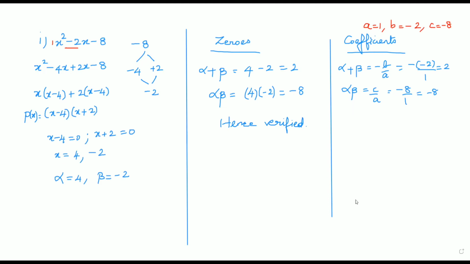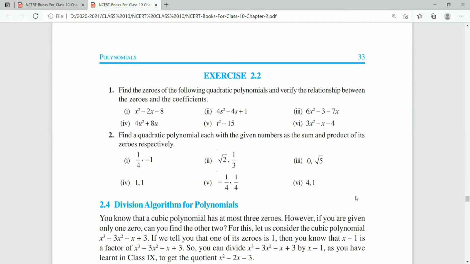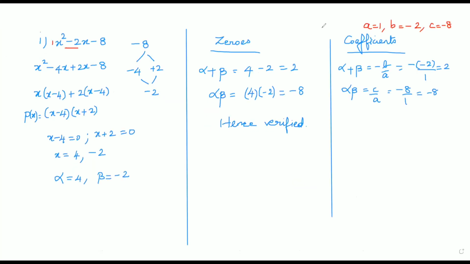So the second question is 4s square minus 4s plus 1. Let us factorize this first. 4 ones are 4. So 4, if you factorize, minus 2 into minus 2 will give you plus 4.